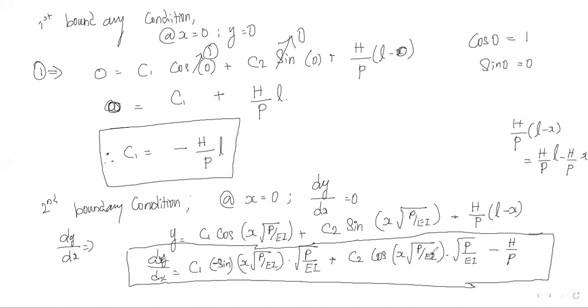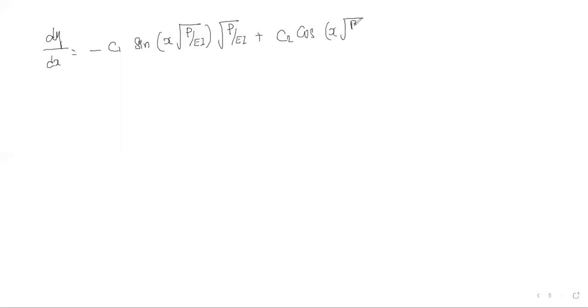Now in this equation, we are going to substitute x equal to 0 and dy by dx is equal to 0. So now dy by dx is equal to minus C1 sin x into root under p by EI into root under p by EI, plus C2 cos x into root under p by EI into root under p by EI, minus h by p.